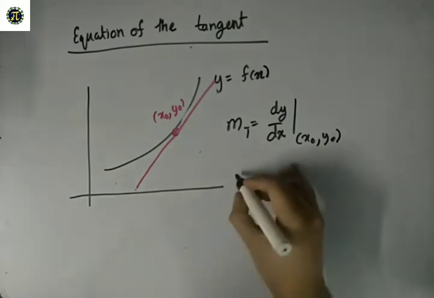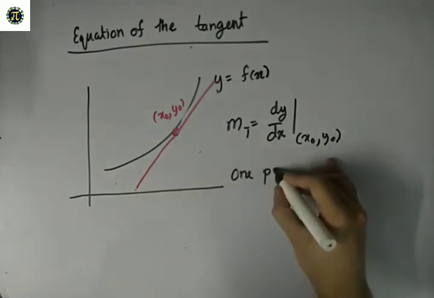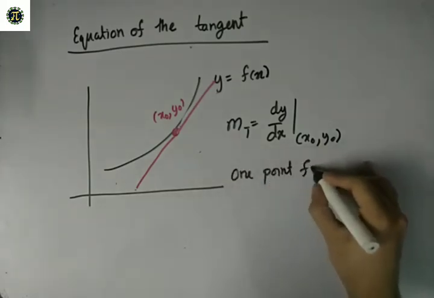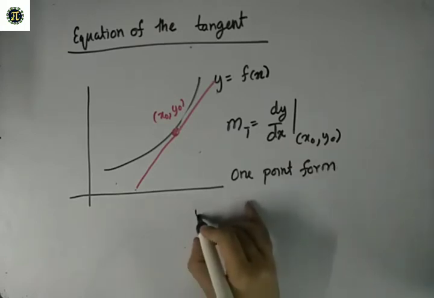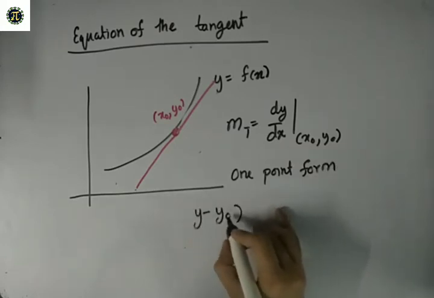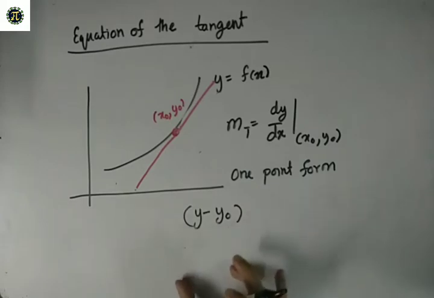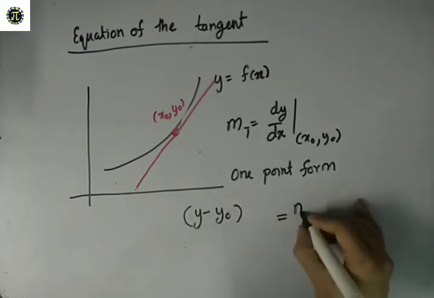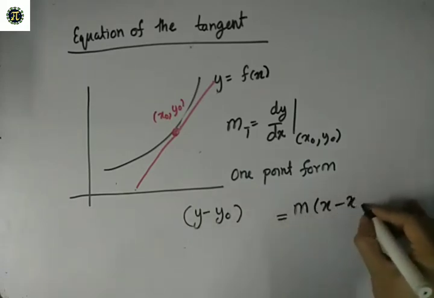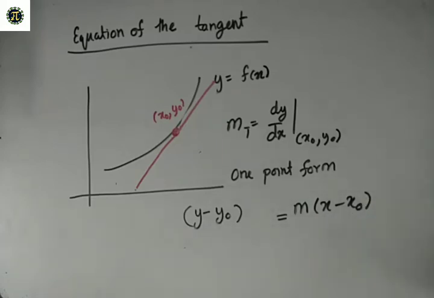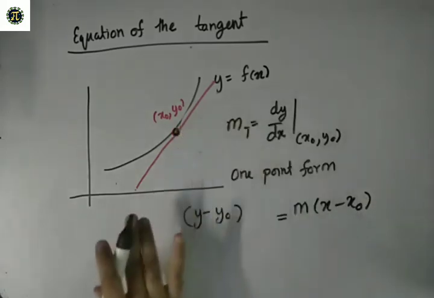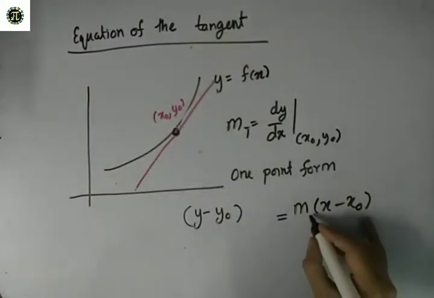So the one point form, as we remember, is y minus y naught upon x minus x naught, delta y by delta x was m, right? So y minus y naught is m times x minus x naught. So we have this point, and we have the direction also, the slope of the tangent.